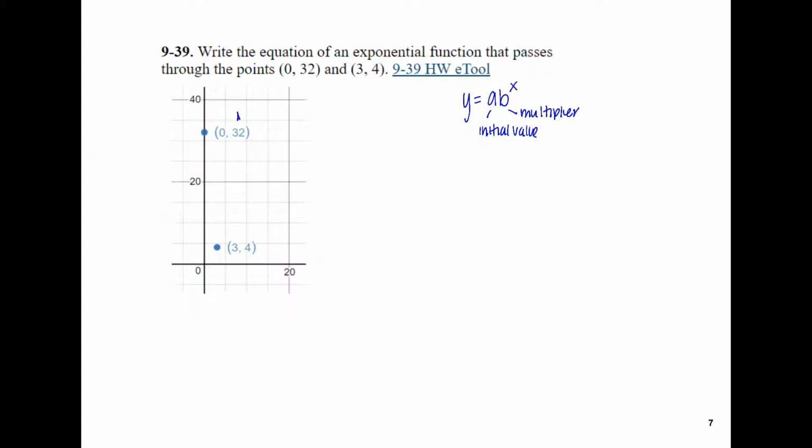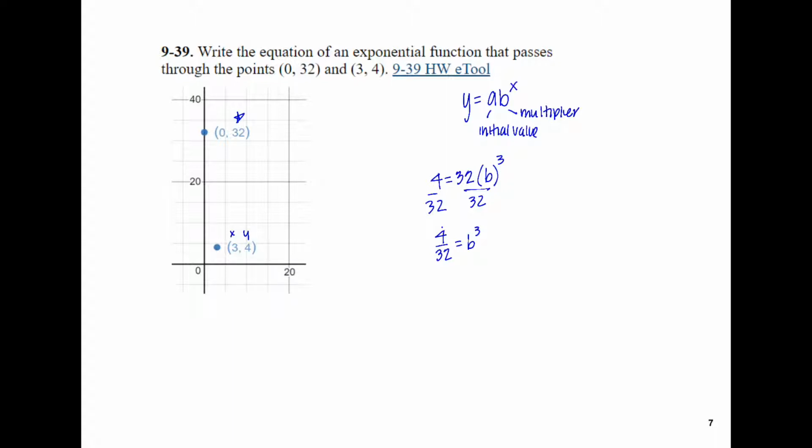We know our initial value is 32, and then we know an x and a y coordinate, so we can say 4 is equal to 32 times b raised to the 3rd power. We're going to divide by 32 on both sides. So 4 divided by 32 is equal to b cubed.